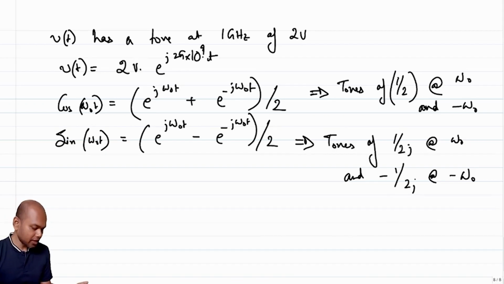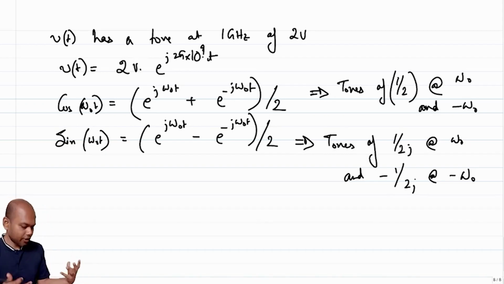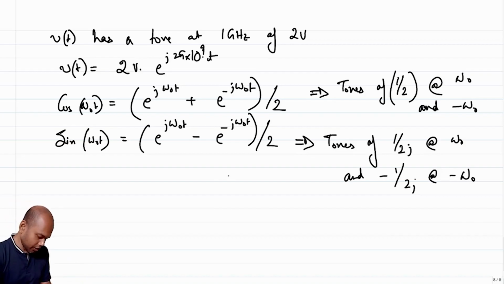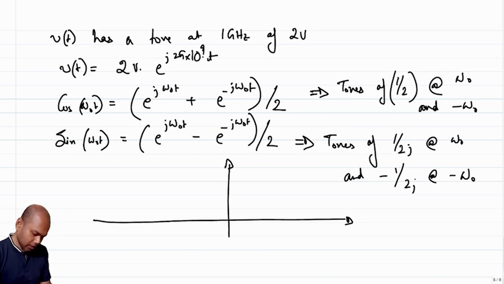If I have to express that in graphical format in frequency domain, I'm sure you have seen this in your UG courses. Note that I'm plotting this with respect to omega, not with respect to time. I'm not plotting cosine with respect to time.